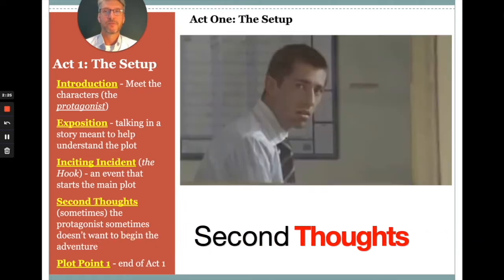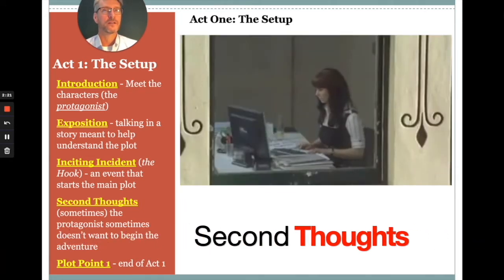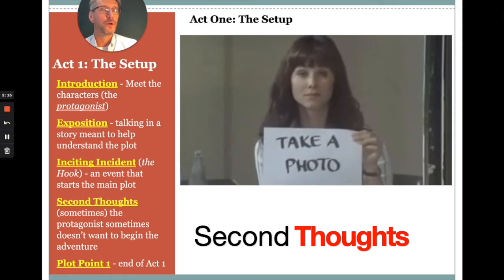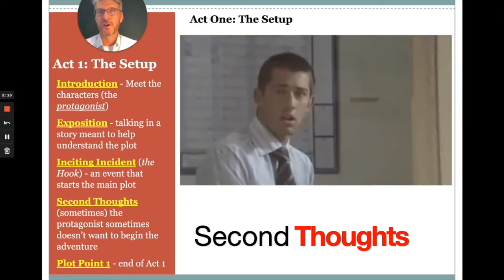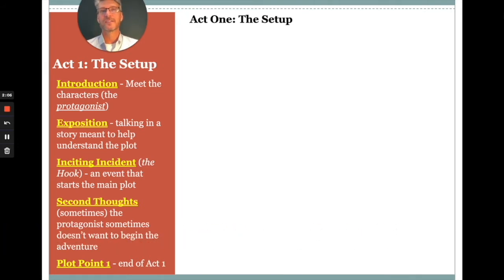Now, after that, we have second thoughts. This is very, very common. The protagonist or the main character often has to spend just a little while deciding, will they begin the journey or not? This slight hesitation is referred to as second thoughts. They can't decide whether or not to begin a journey that will take and change them throughout the course of the story.